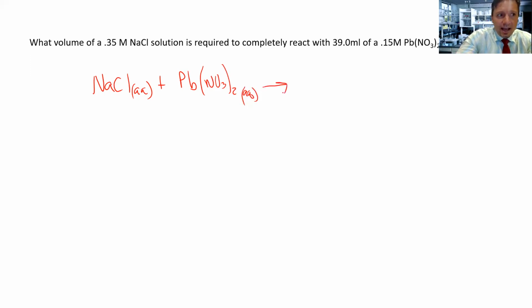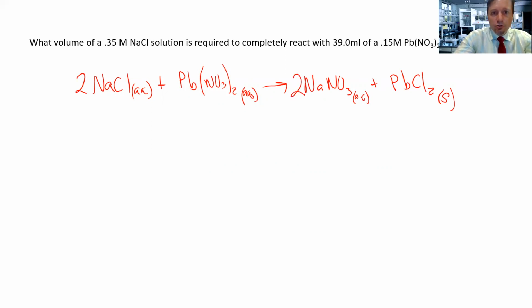And this is going to react to form sodium nitrate, and that is aqueous, plus then you're going to have your PbCl2, and that's a solid. So I've got to balance this equation out here. So I need to come over here and put a 2. Come over here and put a 2. So I have 2 Cl, 2 Cl, 2 Na, 2 Na, 2 nitrate, 2 nitrate. So now I am balanced.